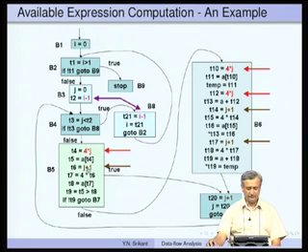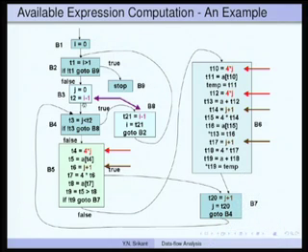Similarly, j plus 1 is used here and here. If we want to make sure that j plus 1 is available at this point, we must make sure that it is computed along all paths to this point, and j is not redefined again, which is obviously true, because again as I said, every path that comes here will go through this basic block.